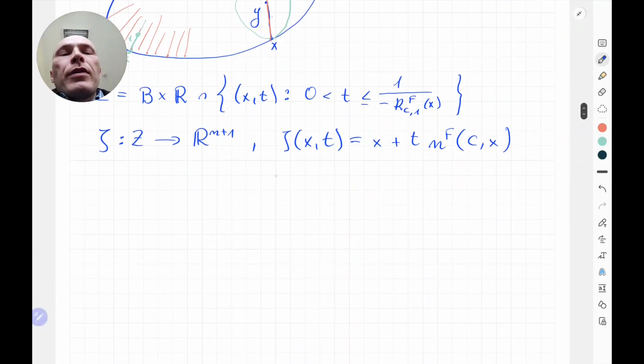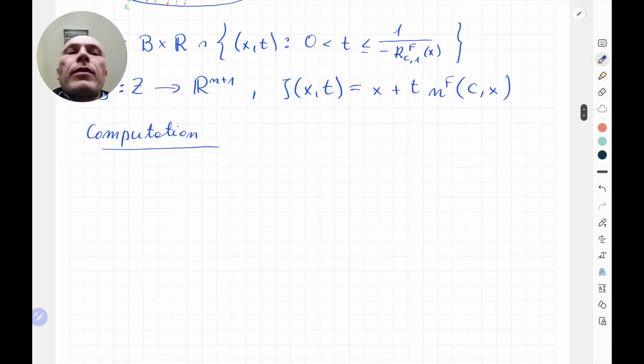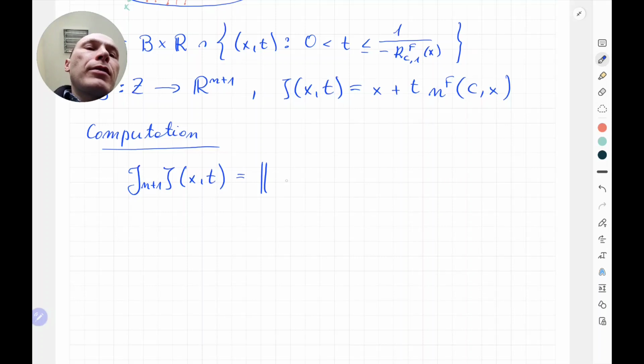And now an easy computation, which I'm not going to do, shows the following for the n+1 dimensional Jacobian of zeta. By definition, well, I will write it, but you don't really need it.